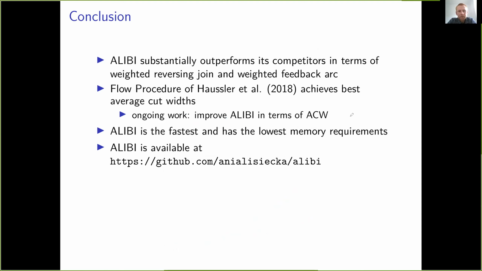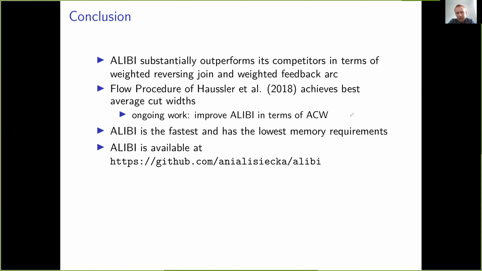But in the sense of average cut width, the flow procedure achieves the best results. We are working on improving ALIBI in terms of average cut width, and some preliminary results are promising.